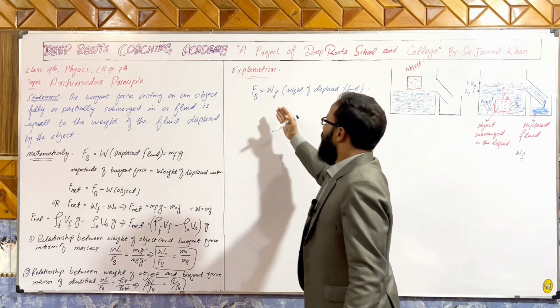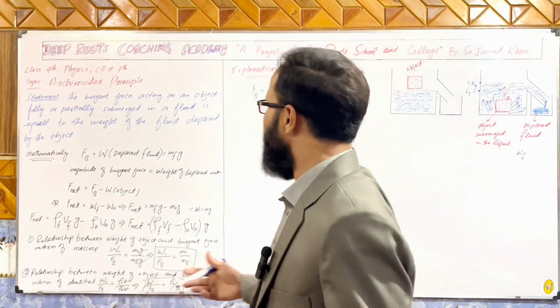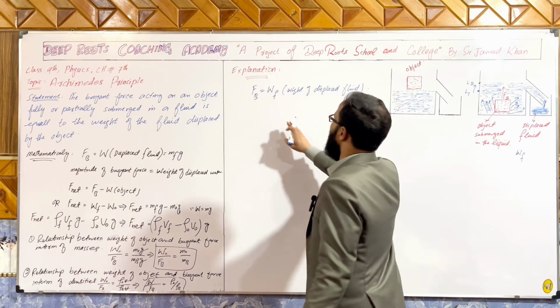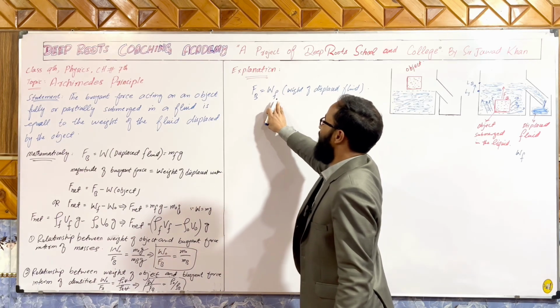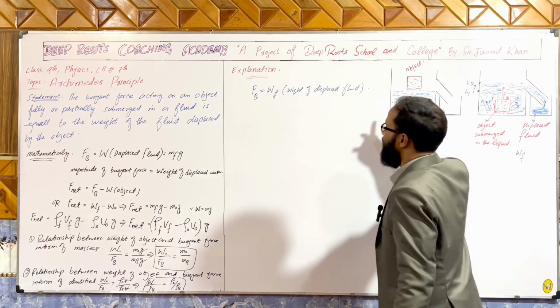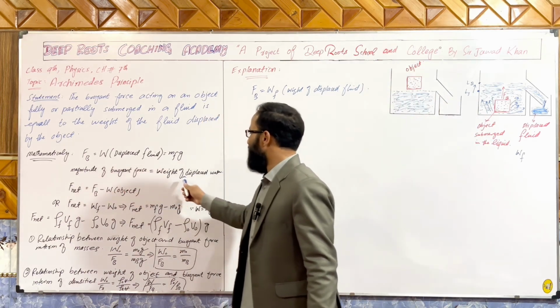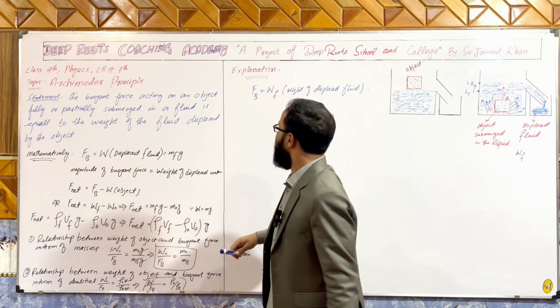Now the more water or fluid is displaced, the more will be the buoyant force, and the lesser the fluid weight, the lesser will be the buoyant force on the object from the downside to the upward side. So the magnitude of the buoyant force will be equal to the weight of the displaced water.